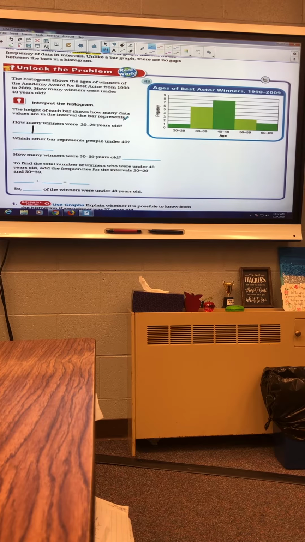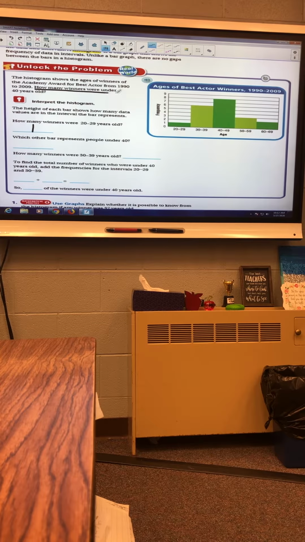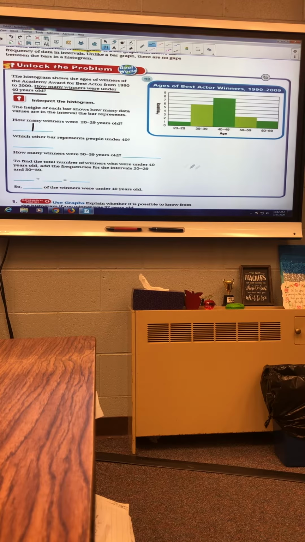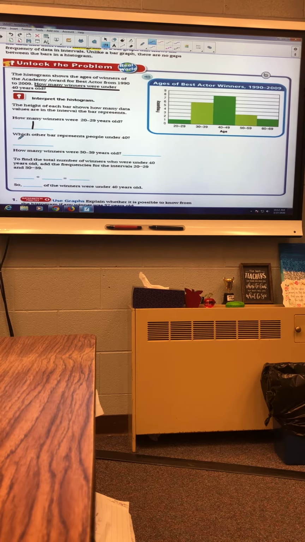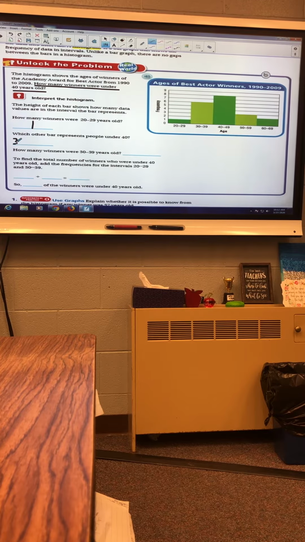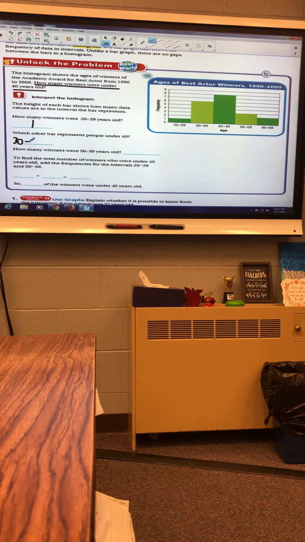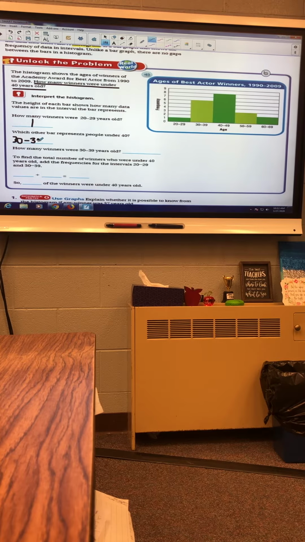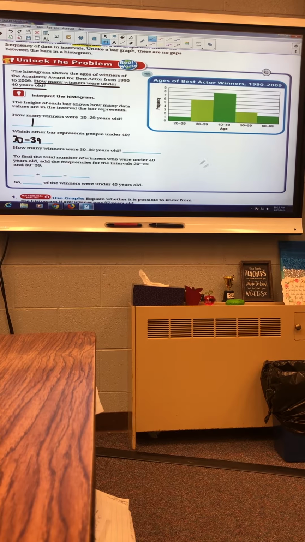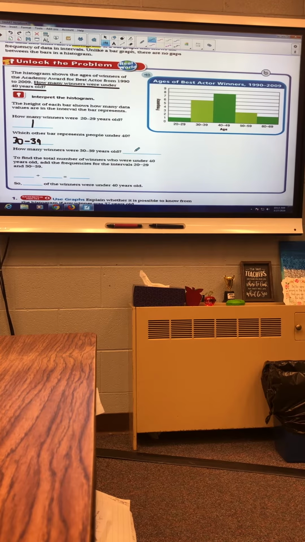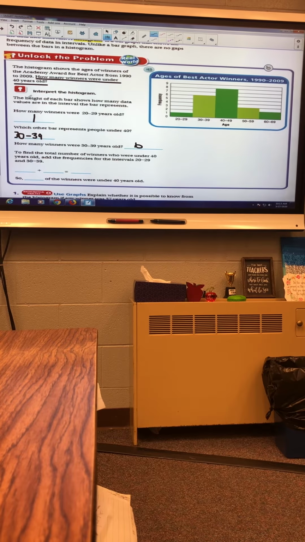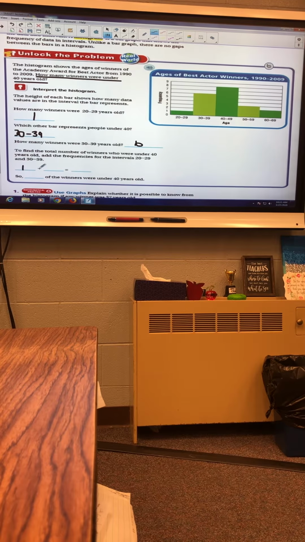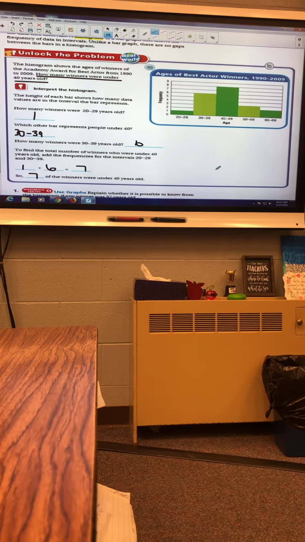What other bar represents under 40? It's 30 to 39. How many were from 30 to 39? 6. So how many total are under 40? You have 1 here and 6 here, so 1 plus 6. Get out your calculators. There were 7 winners.